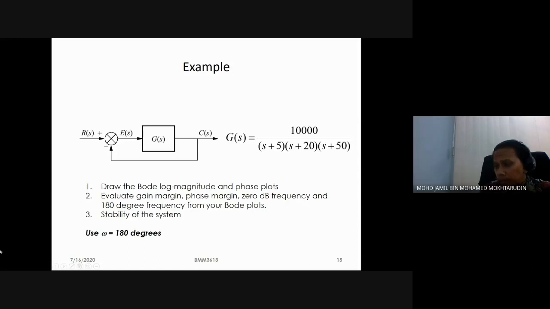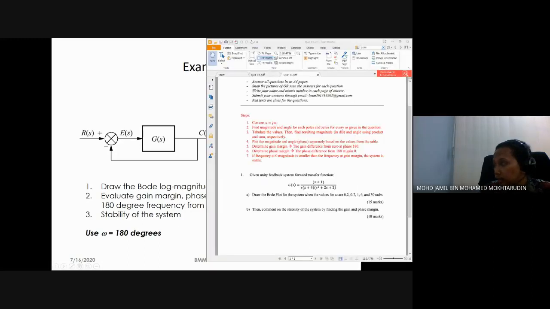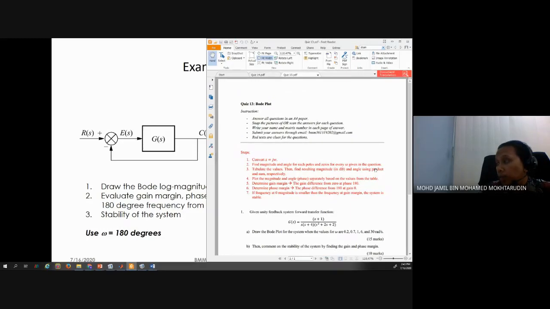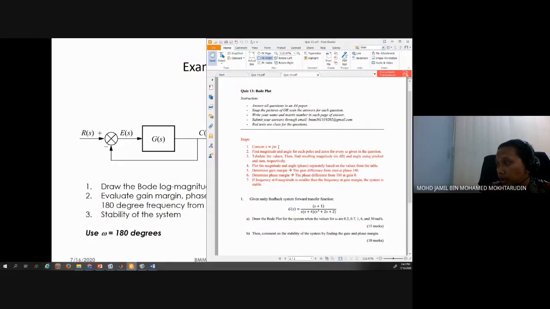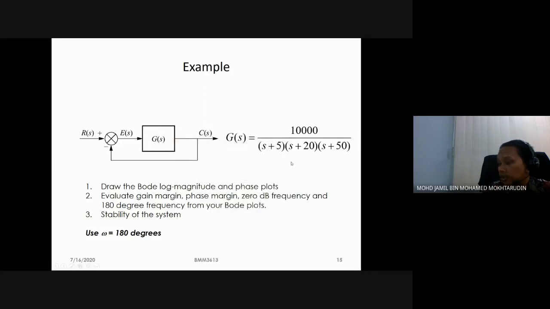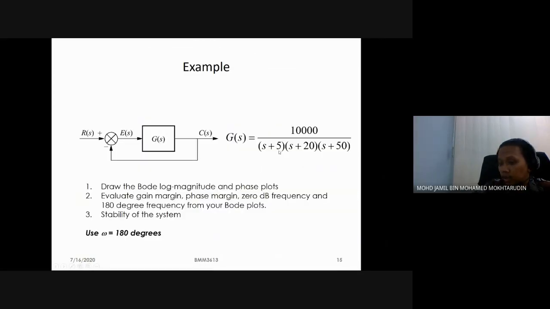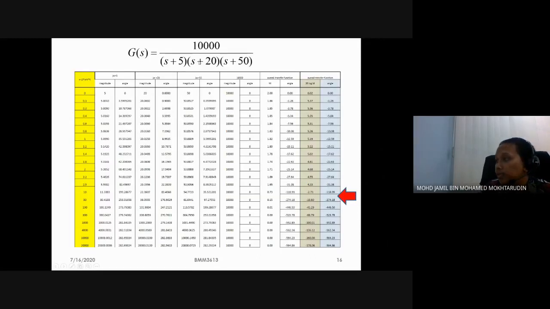Okay, if you look at your quiz question, I already listed down the steps in plotting Bode plot. The first step you need to do is to convert all s in the transfer function to j omega. So from this transfer function, you need to convert s equals j omega.